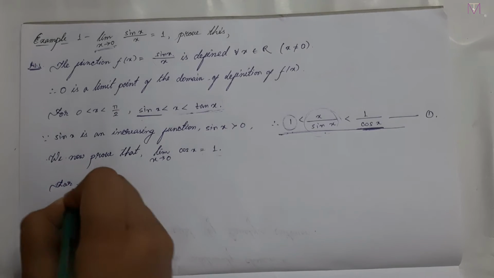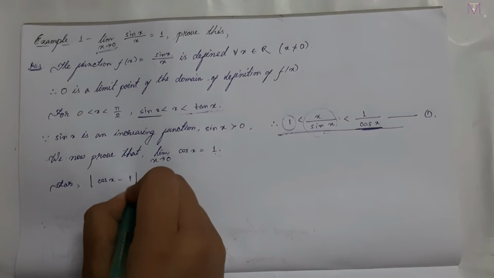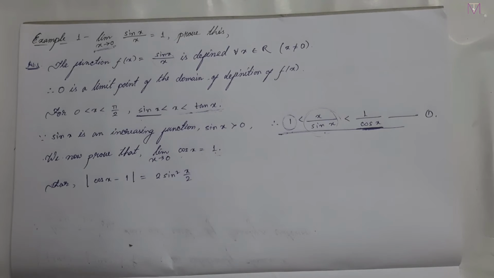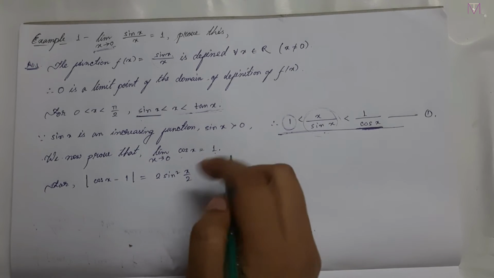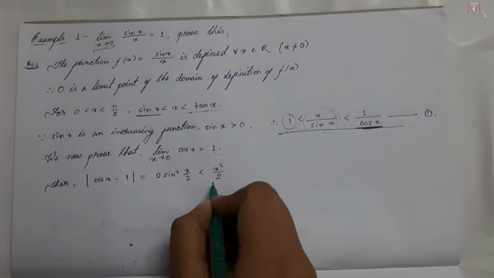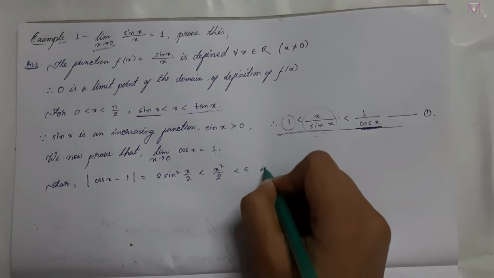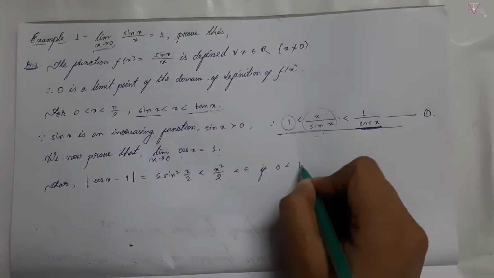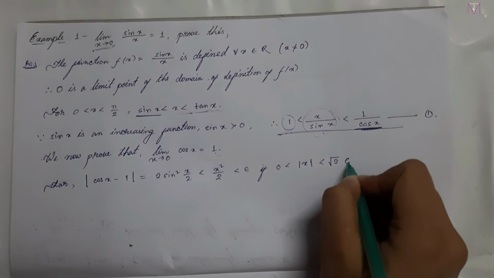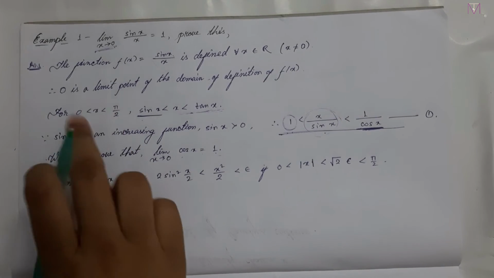For f(x) minus l, cos x minus 1 is equal to minus 2 sine square x by 2. Now I can write this easily. This is less than epsilon if 0 less than mod of x less than root 2 epsilon, less than pi by 2, just modify this one.